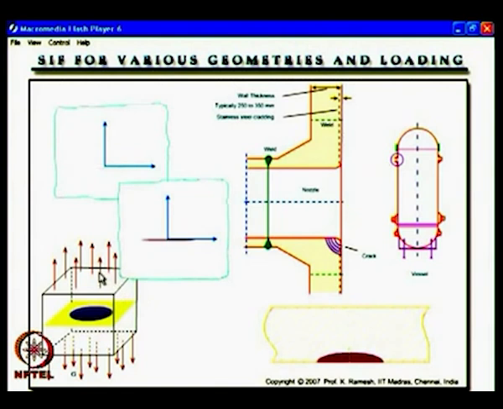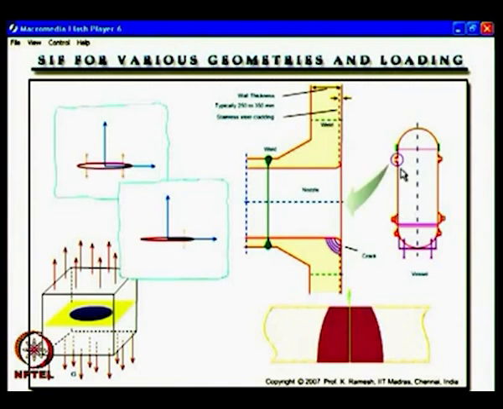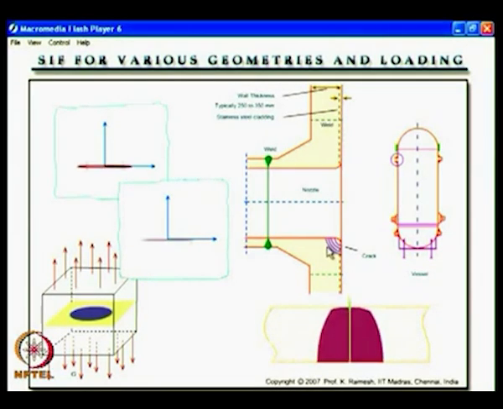Then you have an embedded crack in a solid. Then you have a real life situation where you have a pressure vessel which has a nozzle and you have a crack coming out from the corner, it is a corner crack.